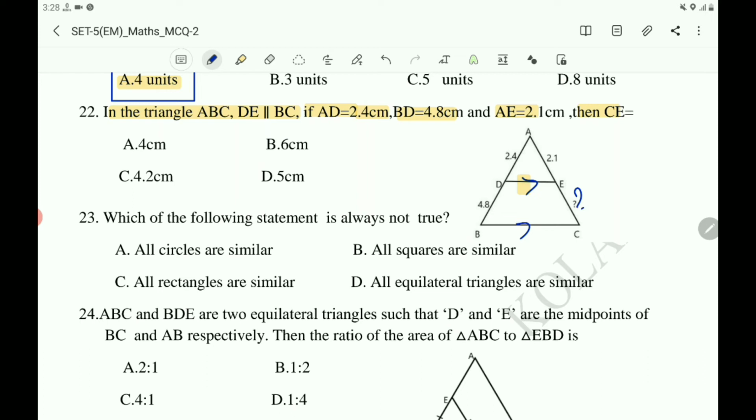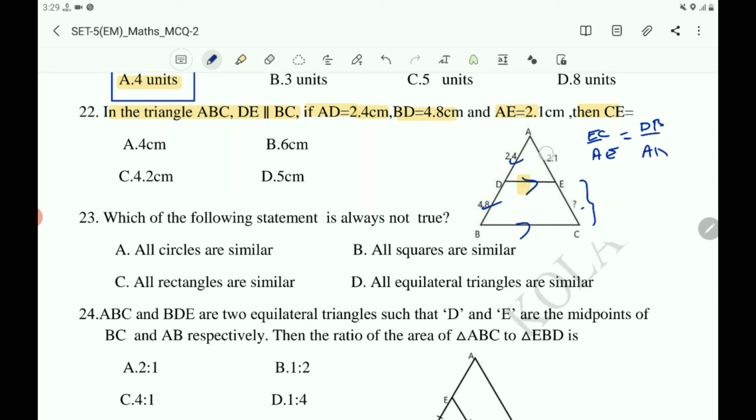EC is to be found out. So you can use Thales theorem here. Here if you take AE by EC, we have to take AD by DB, but here we have to find out CE.